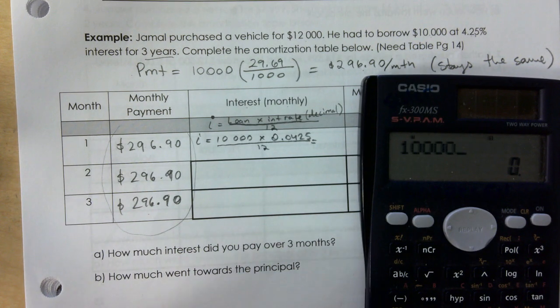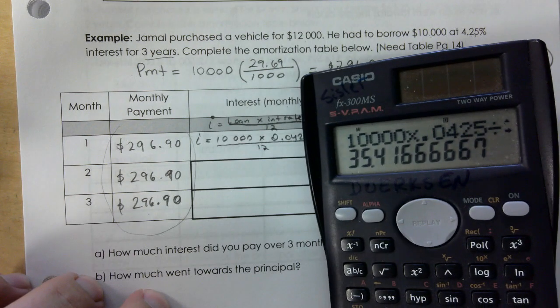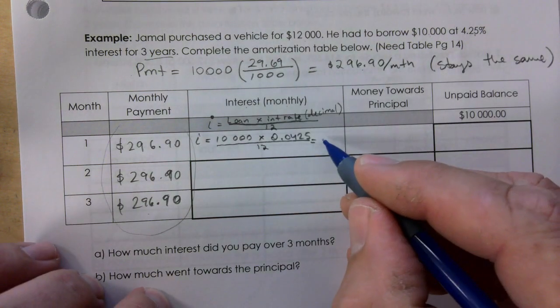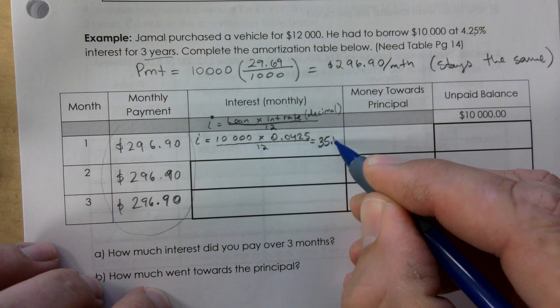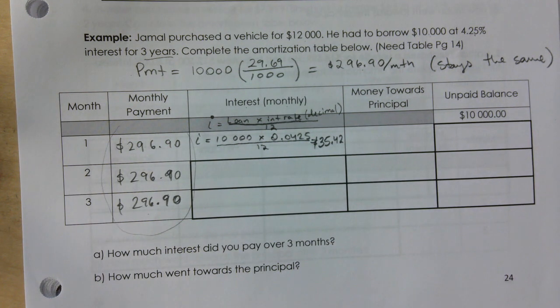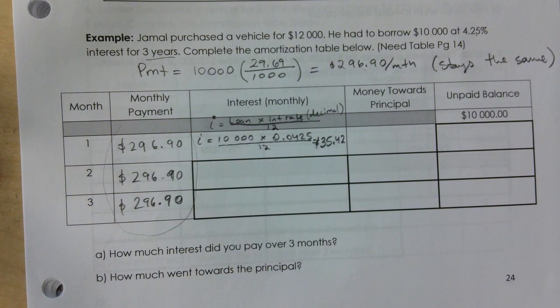So 10,000 times 0.0425 divided by 12, 35.42, right? Rounded. So write that down, 35.42. I think if you just write down 35.42 right now, it's kind of useless. You're going to have to put in how we got that, or else you will not know how we did that.